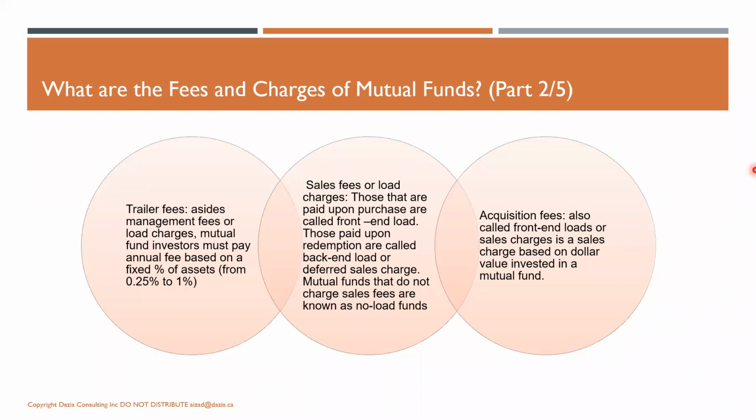The sales fee or the load charges are those paid upon purchase, like we just mentioned, the front end load. There's front end load and there's back end also. When you pay on redemption, it's called a back end fee or deferred sales charge. And I showed you in the fund facts, mutual funds that do not charge these fees are known as no load funds.